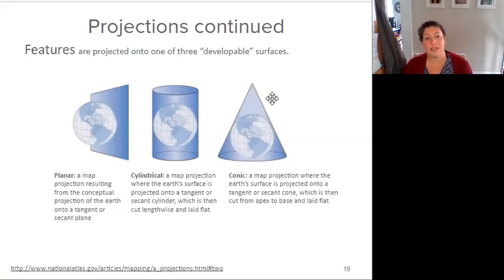And conic is a projection where the Earth's surface is projected onto a cone and then laid flat. So in this case, it would be most accurate in size around the northern hemisphere. Now you could flip that cone over and have a different projection that works well for the southern hemisphere.